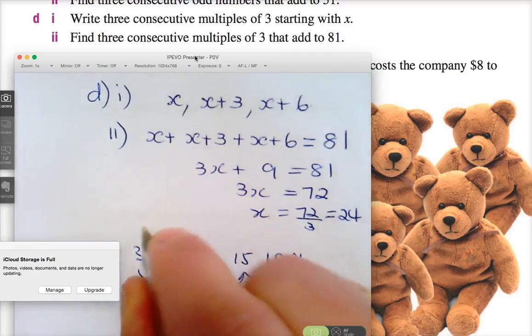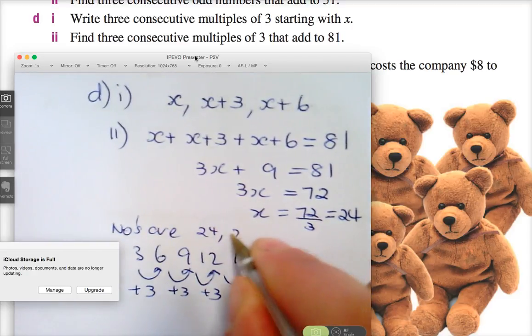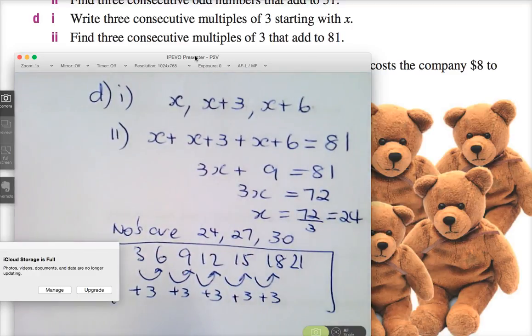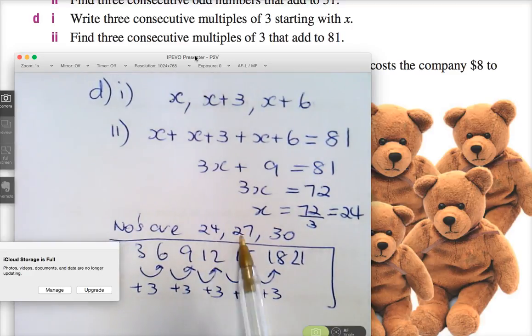So therefore, the numbers are 24, 27, and 30. Because it's x plus 3, and x plus 6. Once you've got the first number, the next one's 3 higher.